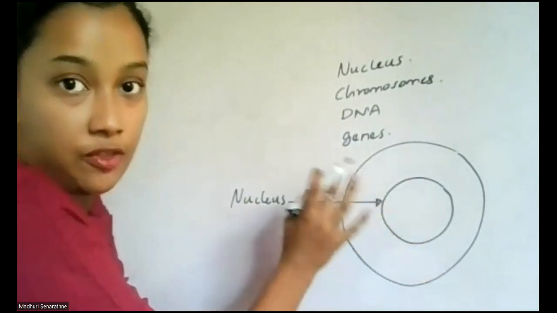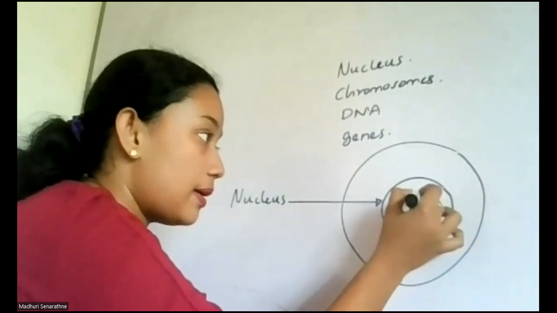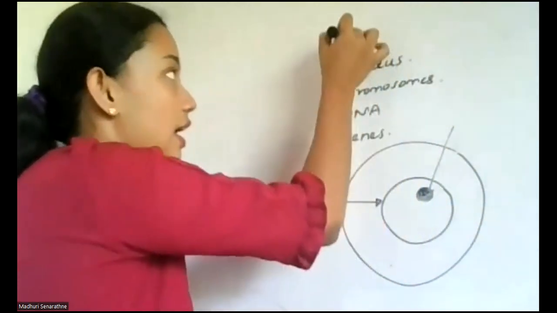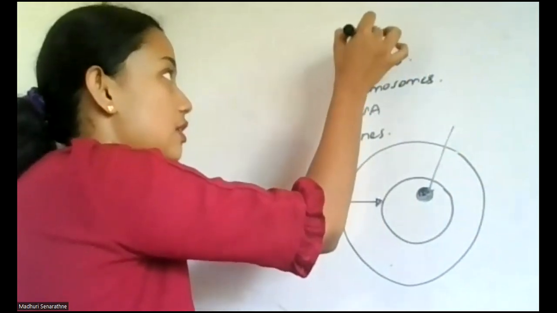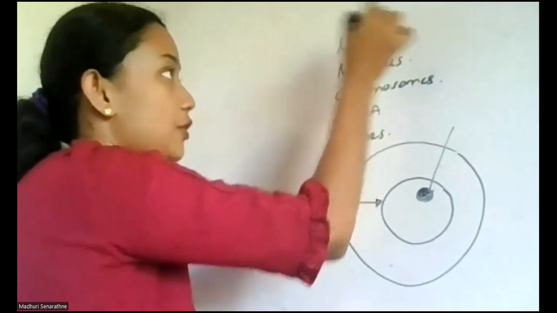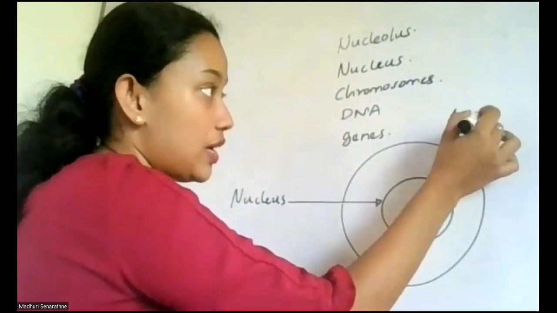Within the nucleus, we can see a dense mass. You may have heard about this term also, nucleolus. Within the nucleus, we can see the nucleolus.